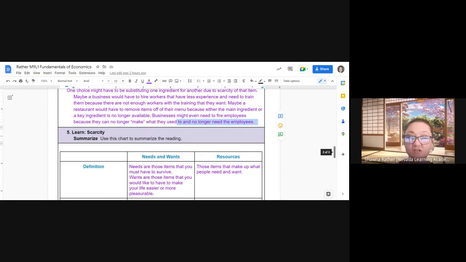So a definition of a need are those items that you must have to survive. A definition of a want are those items that you would like to have to make your life easier or more pleasurable. Definition of resource are those items that make up what people need and want.